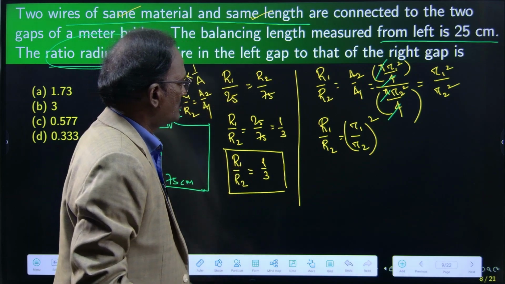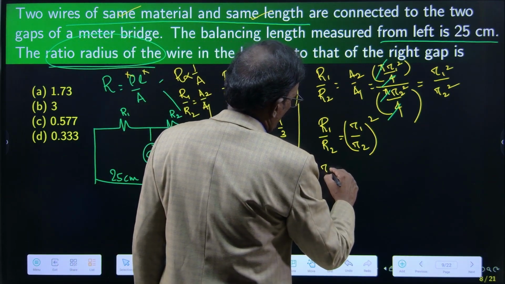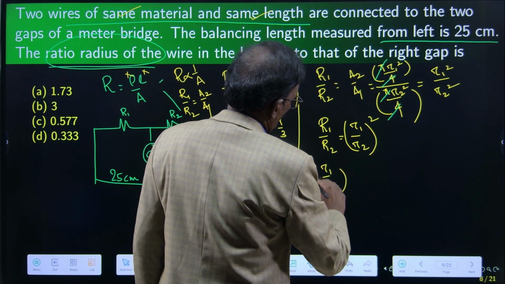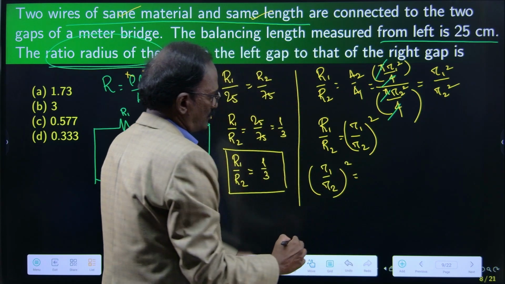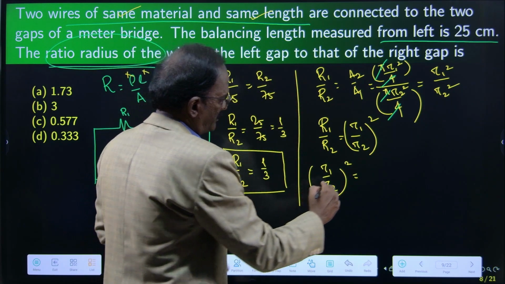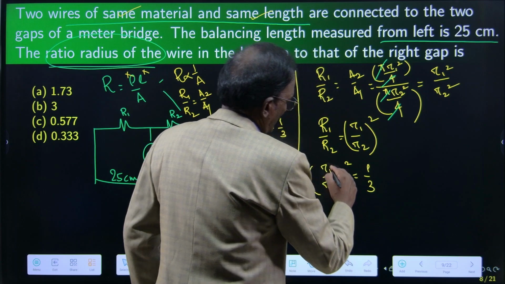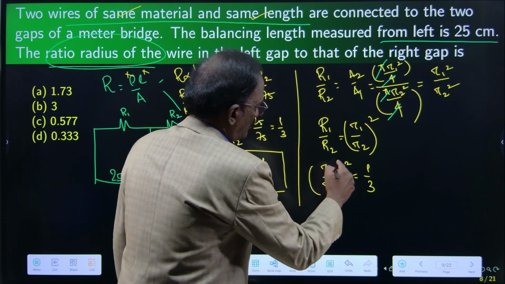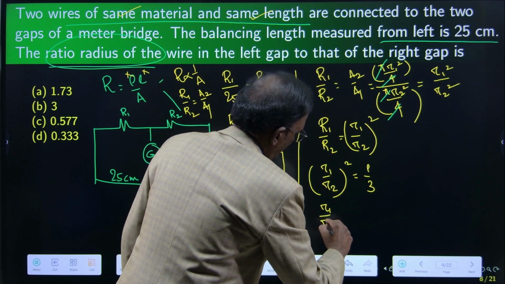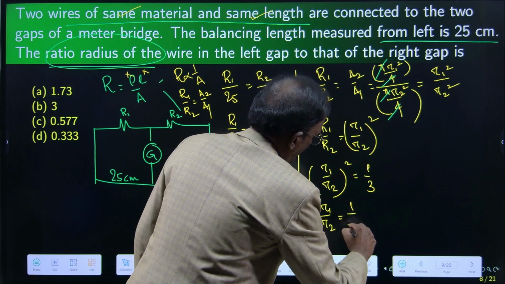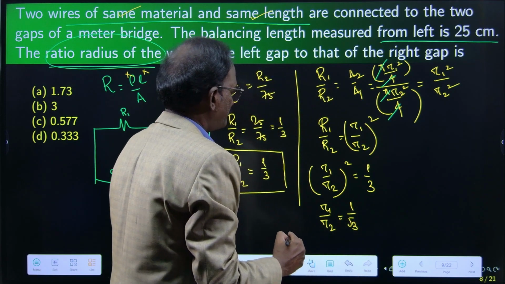R1 by R2 is equal to 1 by 3. So if you take the square root, R1 by R2 is equal to 1 divided by root 3.